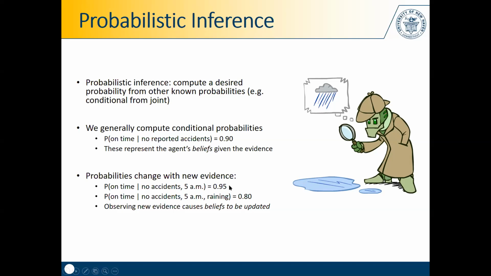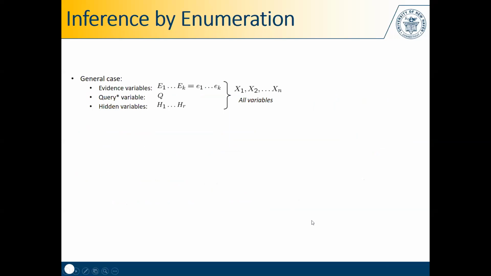What happens if we add one more piece of evidence? It's now raining. So now the weather conditions are a bit worse. This changes our conditional probability of getting to work on time to a lower value, maybe 0.8 or 80%. Observing new evidence causes beliefs to be updated.